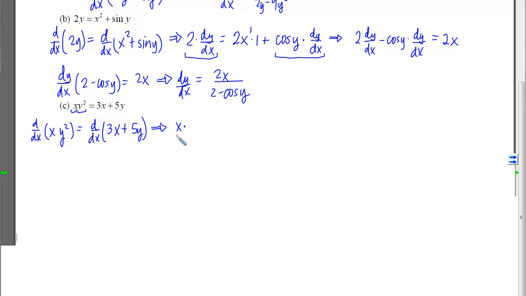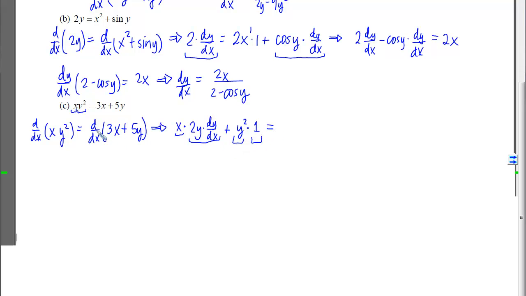So I'll have the first one times the derivative of the second, and notice since the second has a y in it, I will apply that chain rule and get a dy dx at the back. So here's the first one times the derivative of my second plus the second times the derivative of my first.